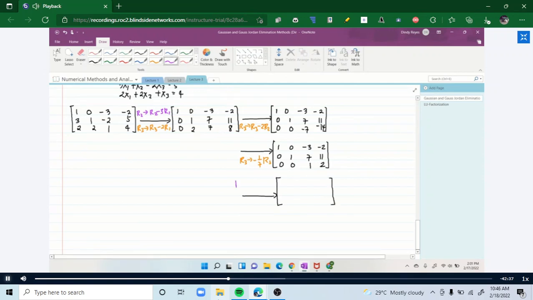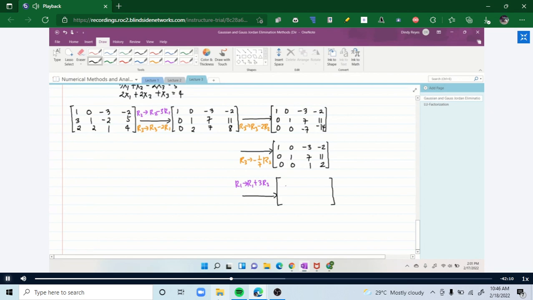Okay, we have to change R1 first. We'll be using R3 because R3 has a leading entry in the third column. R1 is negative 3. If we multiply R3 by 3 and then add them together, you get 0 here. So R1 plus 3R3.